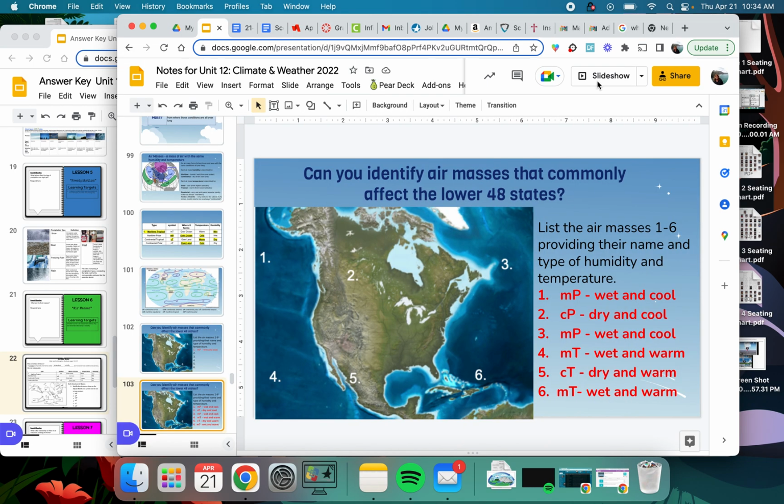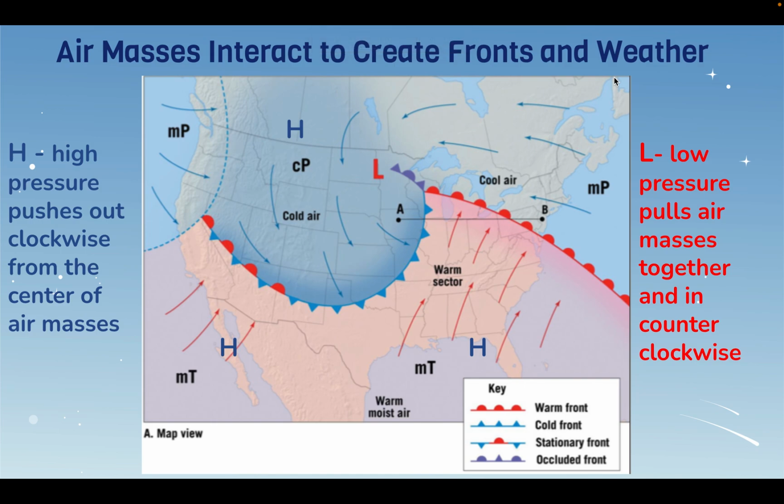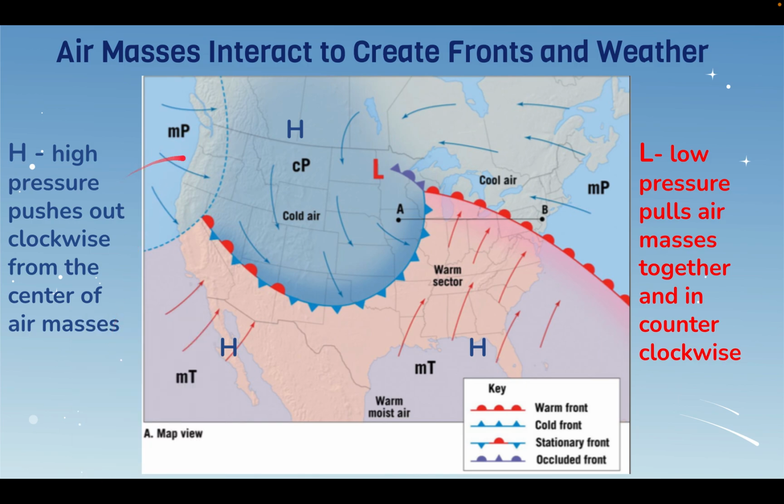Okay, so one last thing I want to chat about is how do these air masses interact? These air masses interact to create fronts and weather. If you think about and remember high and low pressure, you can probably assume that high pressure areas usually form where there are cold temperatures.